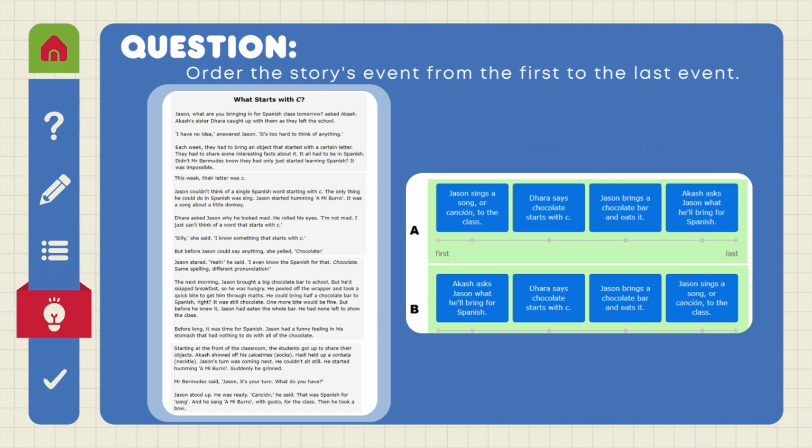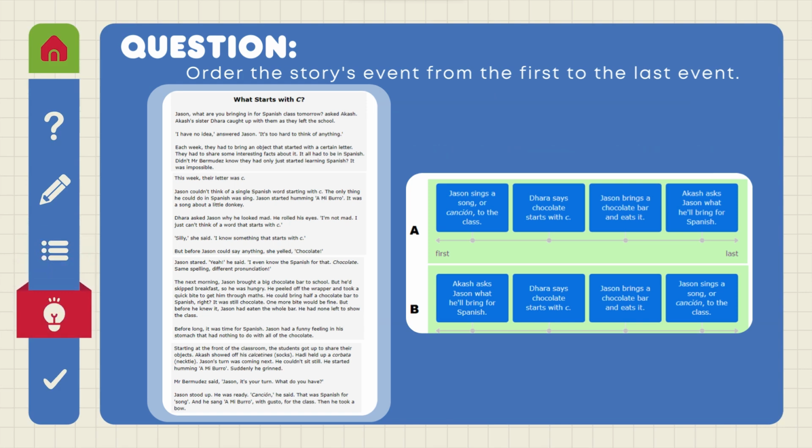They had to share some interesting facts about it. It all had to be in Spanish. Didn't Mr. Bermudez know they had only just started learning Spanish? It was impossible. This week, their letter was C. Jason couldn't think of a single Spanish word starting with C.